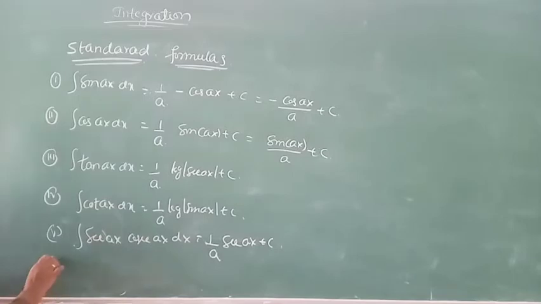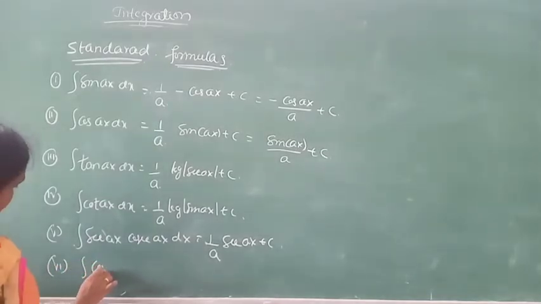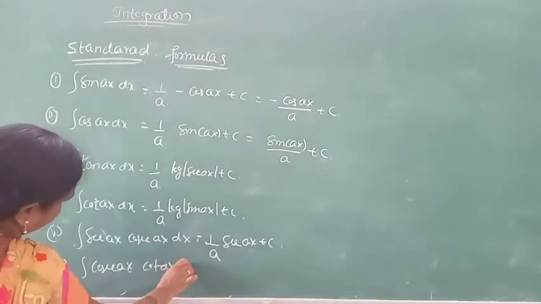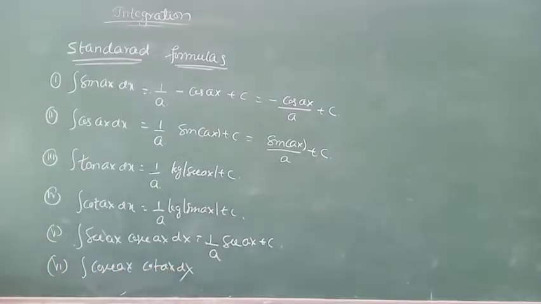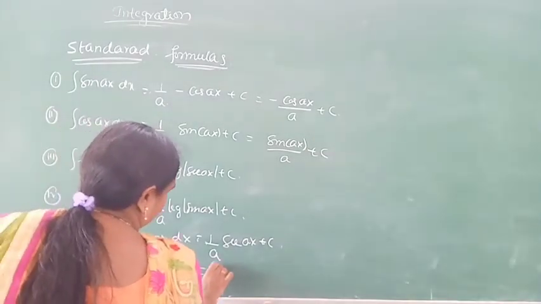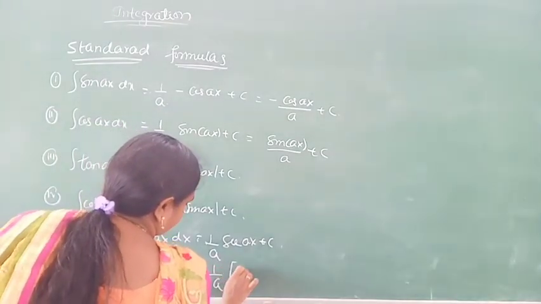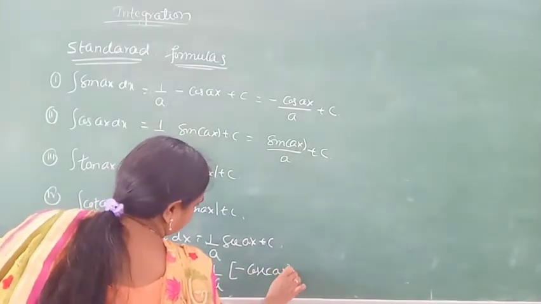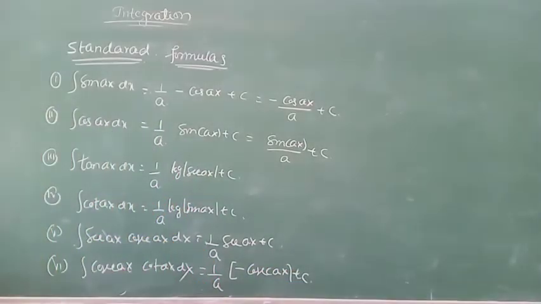Next, integration of cosec ax cot ax dx. The formula is 1 by a, minus cosec ax plus c. Please go through all the formulas, then only we can do the examples.